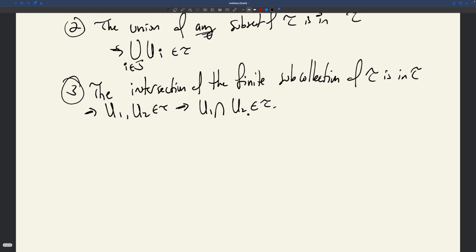Of course, you could think of this inductively, but this is just one example of such. And this is closure under arbitrary unions. And we could think of this as closure under finitely many intersections.